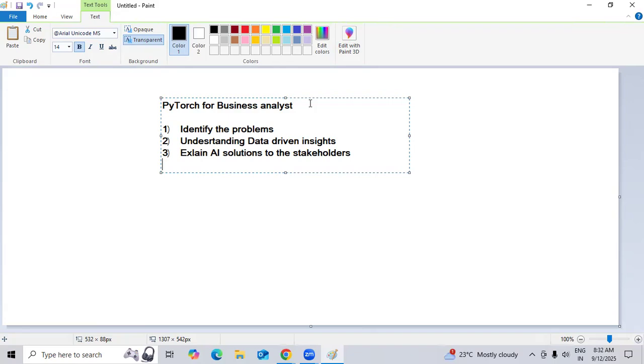Normally, building machine learning models using PyTorch will be done by AI teams, the technical teams. So we can coordinate with the technical teams and communicate the same to the business teams who are using these insights. That can be done as a BA.